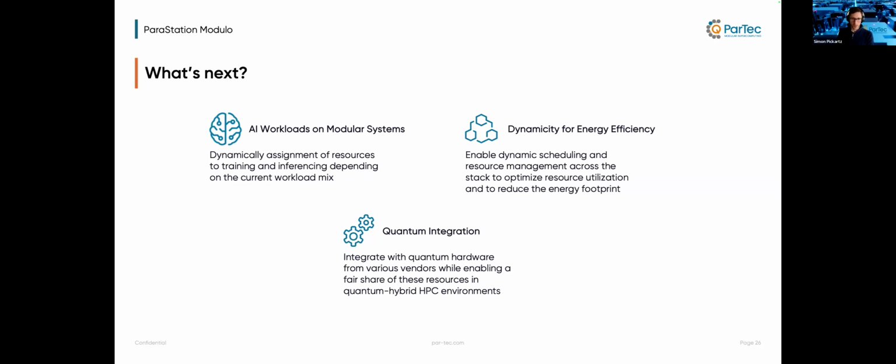In this context, of course, also the dynamic scheduling and resource management comes into play, which allows us then to dynamically reallocate resources during runtime in accordance with the current application mix, which is executed on the system.